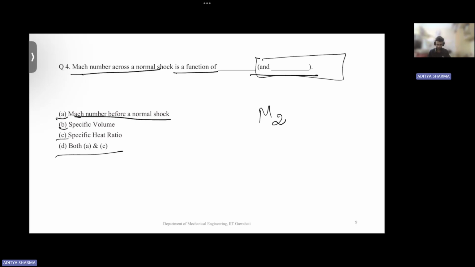So this is M1 and this is M2. So what is M2 a function of? This has been asked.